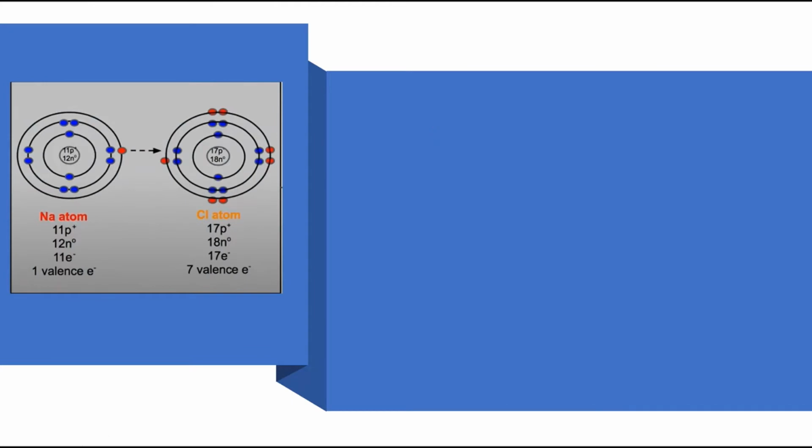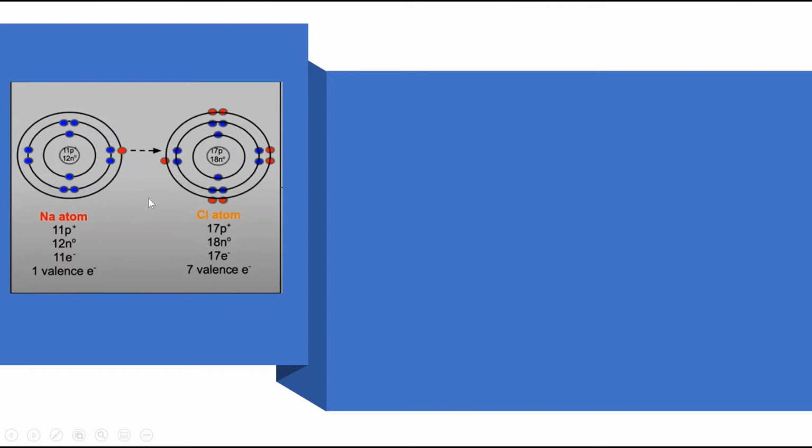For example, if you take a sodium atom and a chlorine atom, we know that sodium has 11 protons because the atomic number is 11, right? And it has only 1 valence electron outside. So on the outermost electron shell, it has only 1 electron.